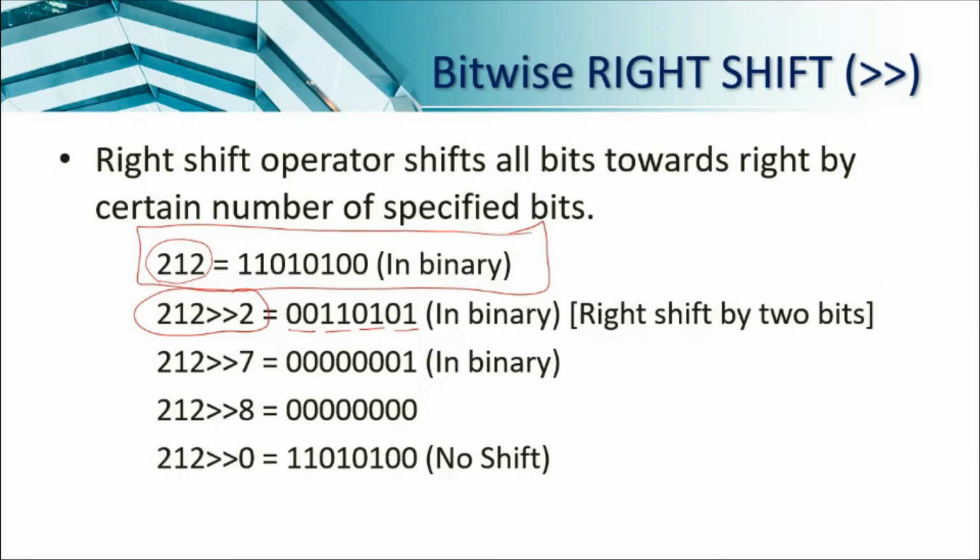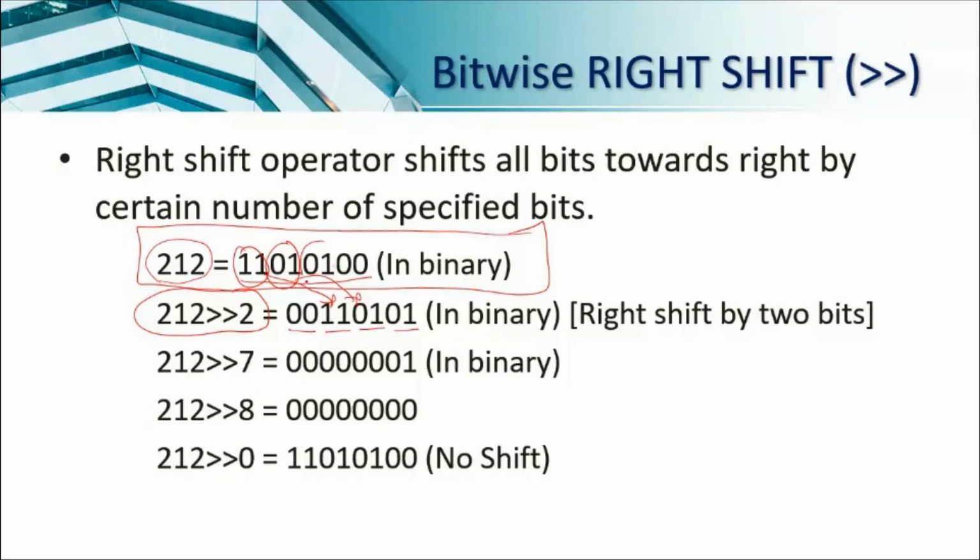How this is resulting is we are shifting all the digits towards the right by 2 positions. See, this 11 is coming up here, 2 positions towards the right. This 01, 2 positions towards the right.